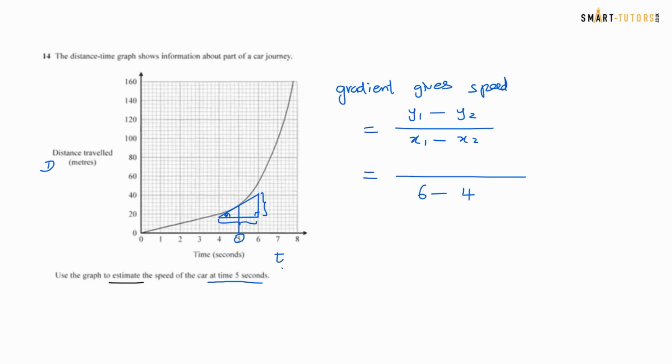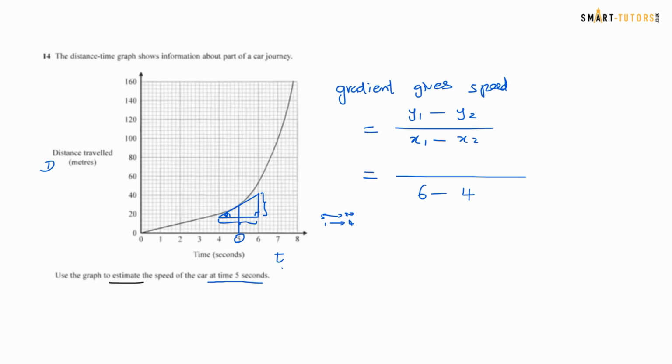So here the difference of x is the time, 6 minus 4. And the difference of y is this length. So I'm having here 40 and, I couldn't read this one properly, let me count: 2, 3, 4, 5. So 5 small squares, 5 small squares is 20. So 1 small square is 4.